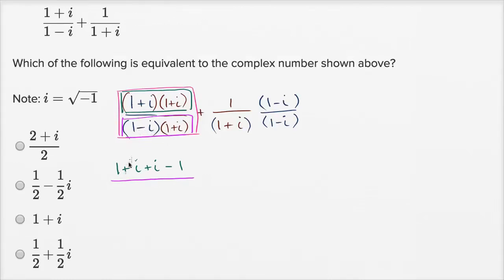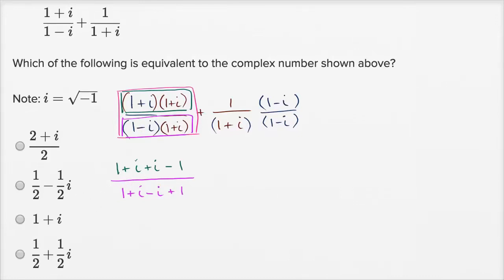So 1 times 1 is 1. 1 times plus i is plus i. Negative i times 1 is minus i. And then negative i times positive i: well, i times i would be negative 1, but then we have this negative, so it's just going to be plus 1. And what does this simplify to?